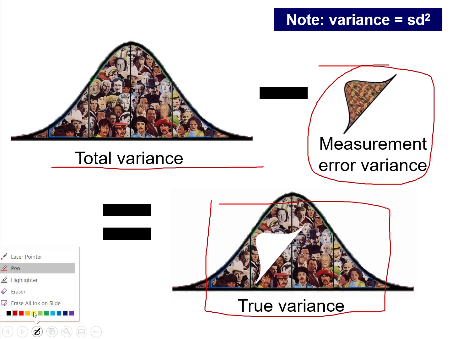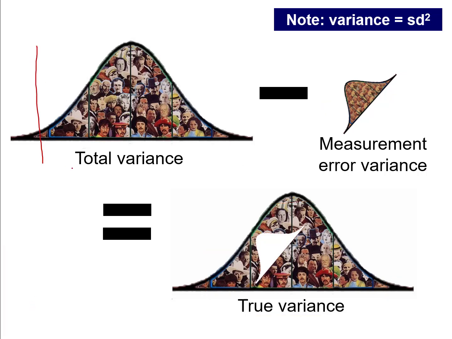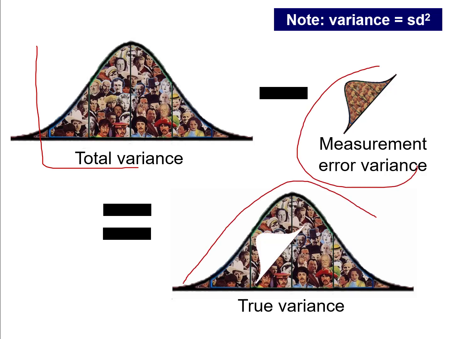Or, the way it's depicted on the screen, total variance minus measurement error variance equals true score variance. So if I calculate the total variance on a test that I gave in a class, and then I estimate how much of that variance I think is caused by measurement error?